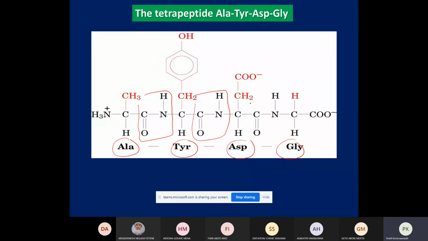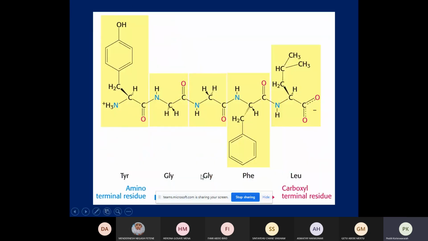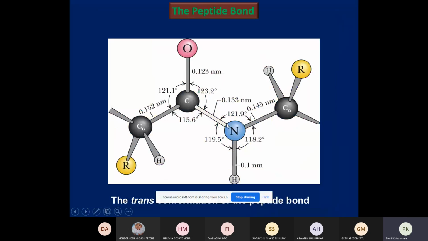That means the number of peptide bonds is always the number of amino acids minus one. Here you can see it is a pentapeptide, and it has four peptide bonds. The peptide bond has double bond character.